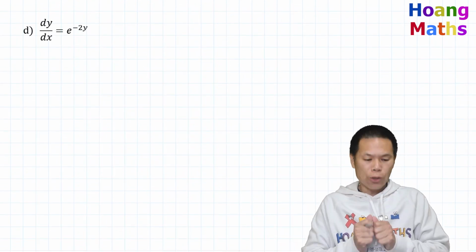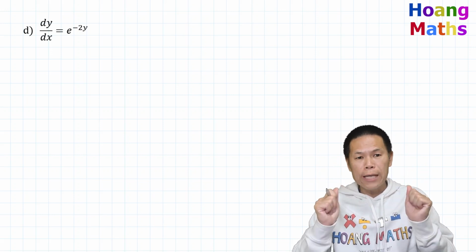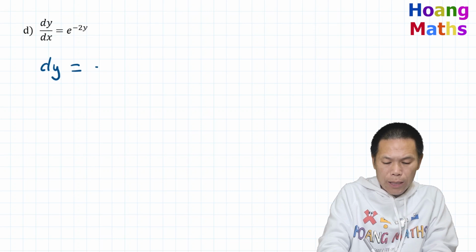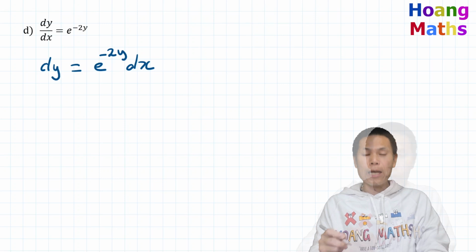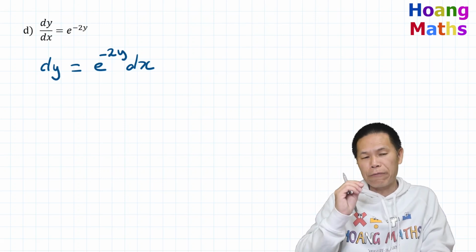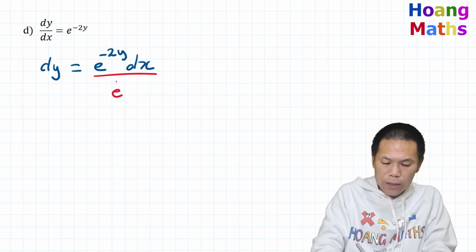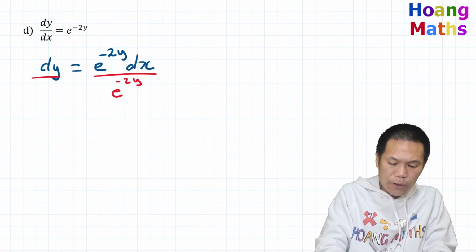Last one. So times dx on both sides. That will give me dy equals e to the negative 2y dx, because we need to separate the functions. So we just divide by e to the negative 2y on this side. We divide by e to the negative 2y.